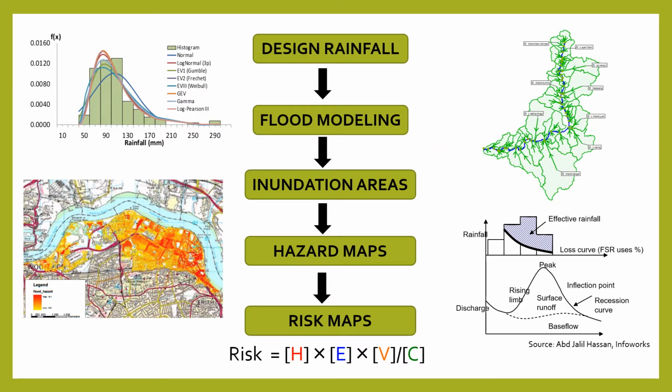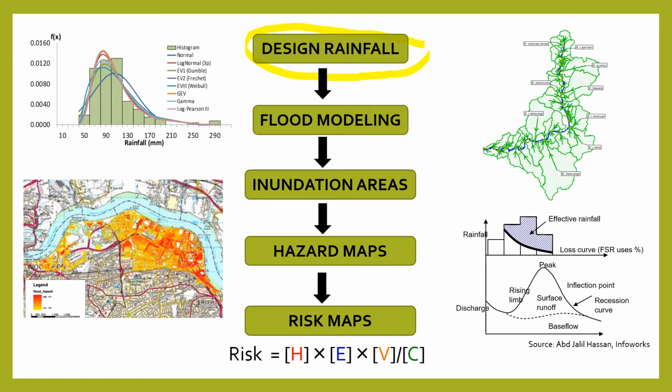Okay, first, before we do hazard map, before we do risk map, before we do modeling, there is one important thing that we need to understand, and that is design rainfall. So the first step is to estimate design rainfall, and then we can do flood modeling.